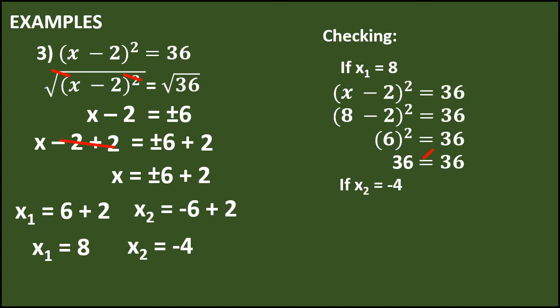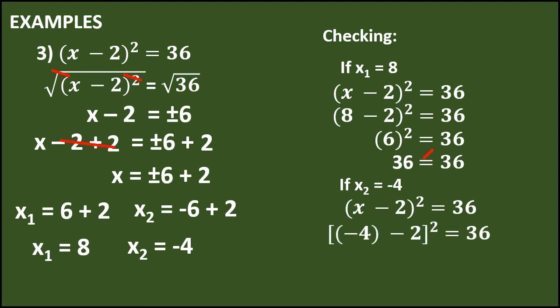What about the next number, which is negative 4? Again, substitute the value of negative 4 to x. It will become quantity negative 4 minus 2 quantity squared equals 36. Negative 4 minus 2 is negative 6.